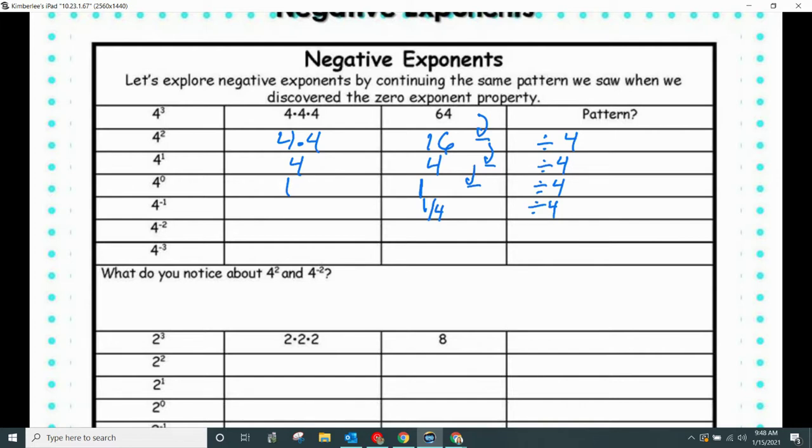So 4 to the -2, I have to keep my pattern going. I have to divide by 4 again. So I'm going to end up getting 1/4 divided by 4. Well, what is 1/4 divided by 4?